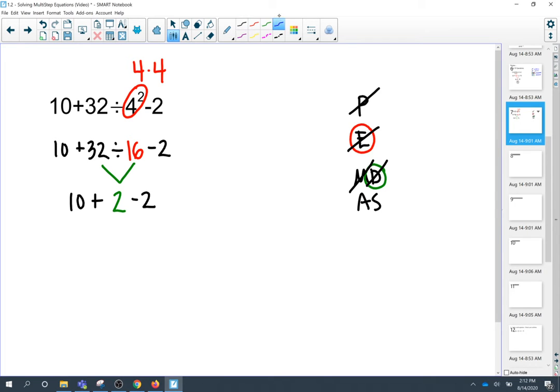Addition or subtraction? There are both. But if I look from left to right, I have a 10 and then I have a plus. So you do the addition first. 10 plus 2 is 12. Then you drop down the minus 2, which is your last step. So now we do the subtraction, and our final answer should be 10.